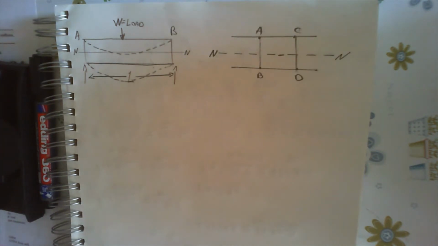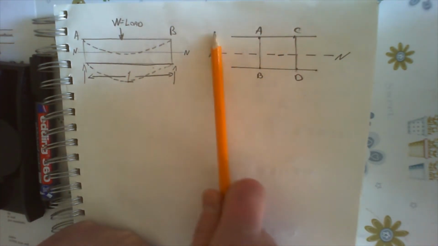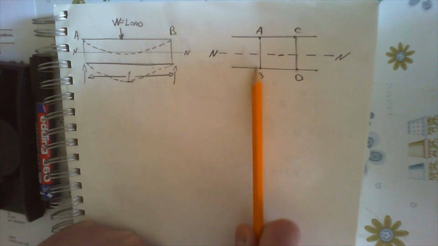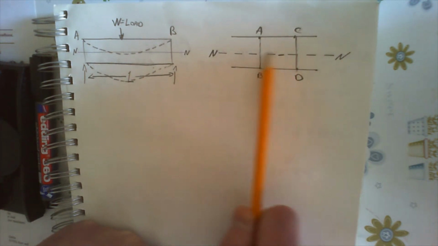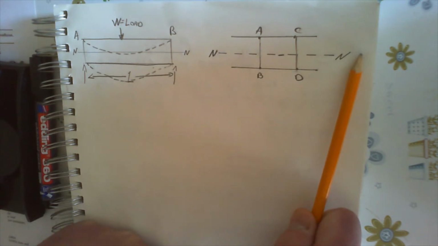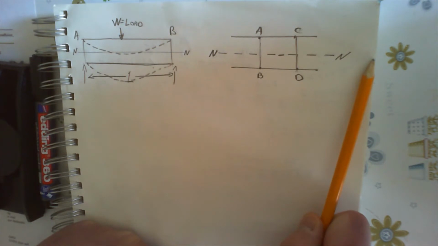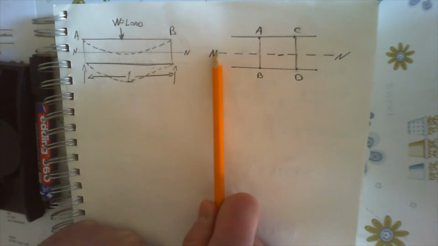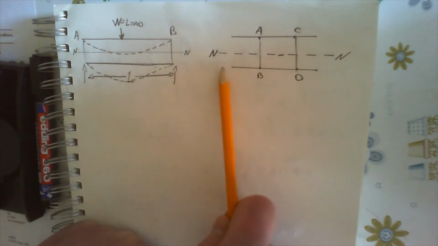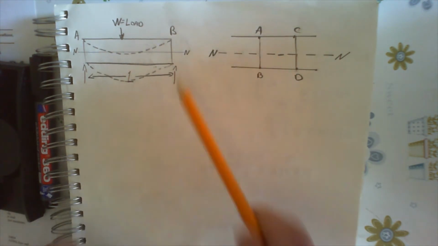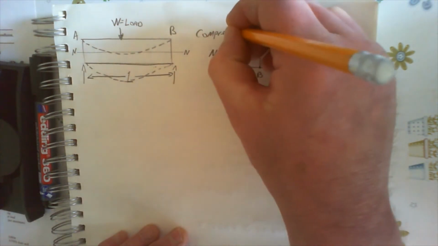Right, so before bending, this represents the beam, and this is a section we're going to look at here. And again, this is the neutral axis. One thing you have to remember when looking at beam bending is, if it's sagging in this direction, above the neutral axis you will always have compression.